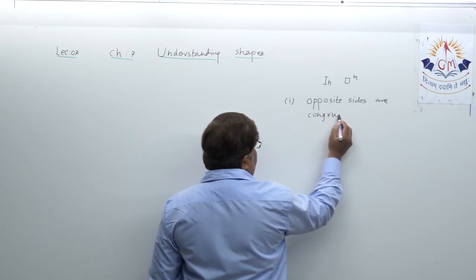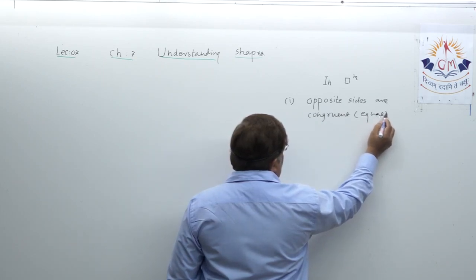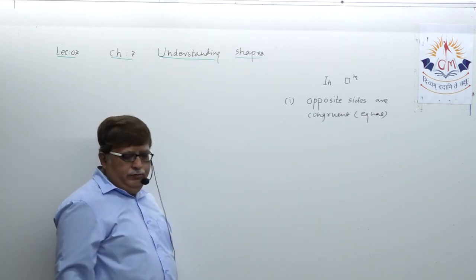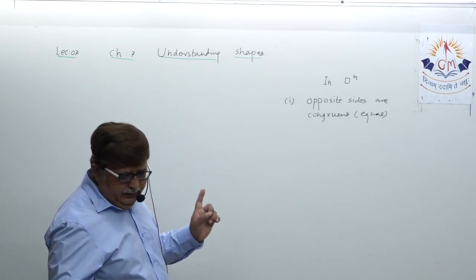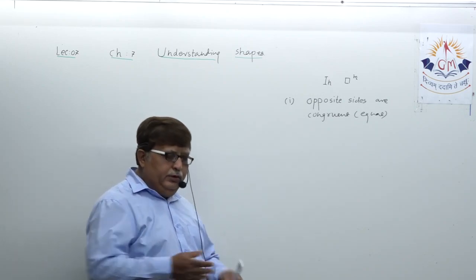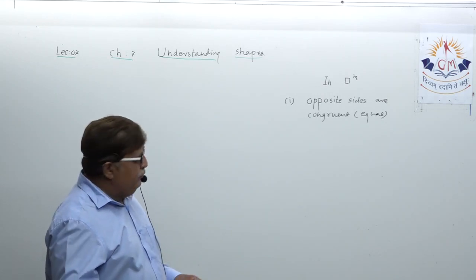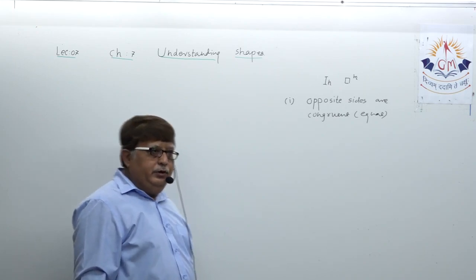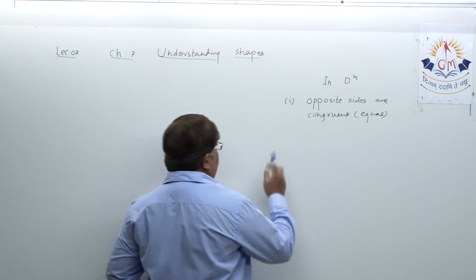Intentionally I am writing this word. Congruent means equal only. These two are actually synonymous words. This first property of parallelogram, that in parallelogram opposite sides are equal, that we proved yesterday in our lecture number 6.